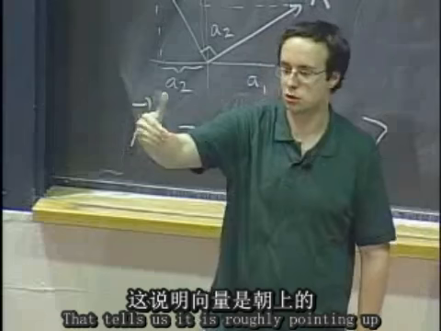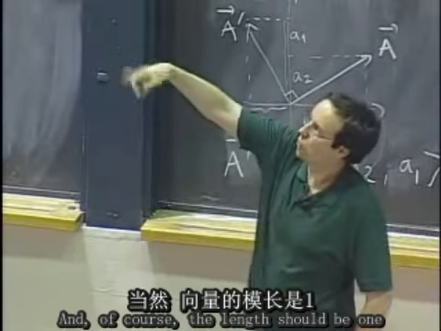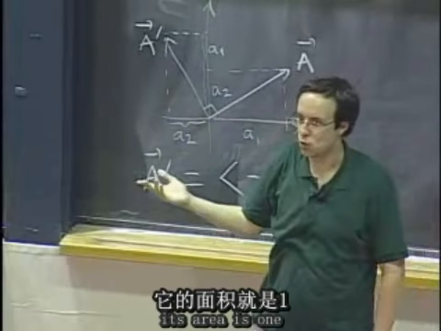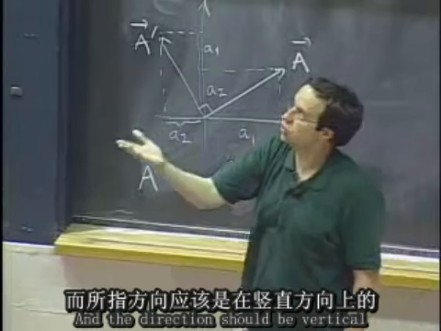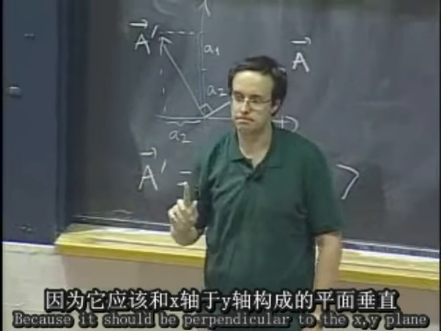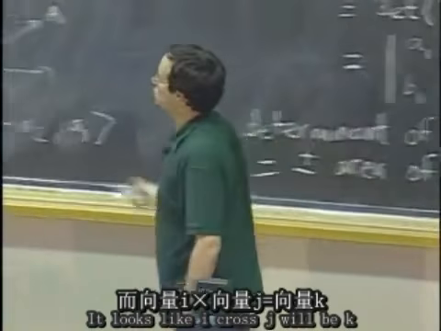Okay? So that tells us it's roughly pointing up. And of course the length should be 1, because if you take the unit square in the xy plane, its area is 1. And the direction should indeed be vertical, because it should be perpendicular to the xy plane. So it looks like I cross J will be K.